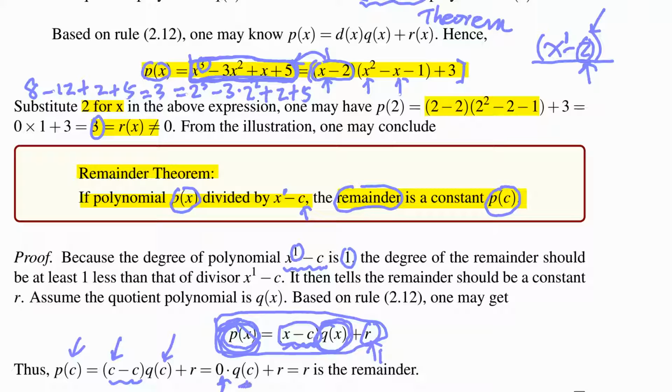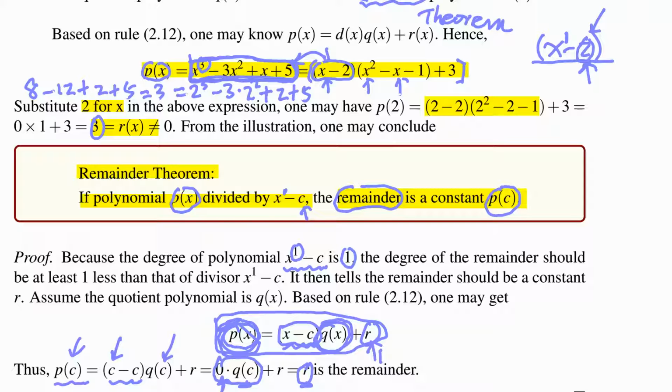Whatever Q of c is, 0 times Q of c, you get 0. Then this whole quantity will be 0 plus R. That's still R. So R, this number, is the remainder, which actually equals P of c.